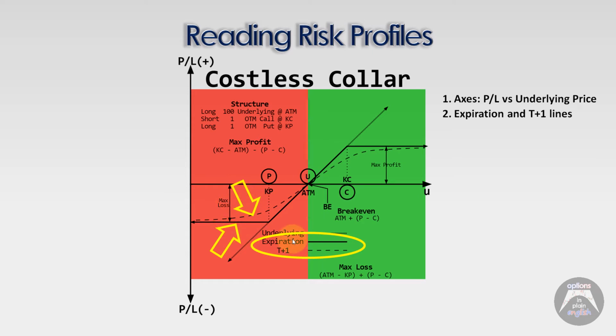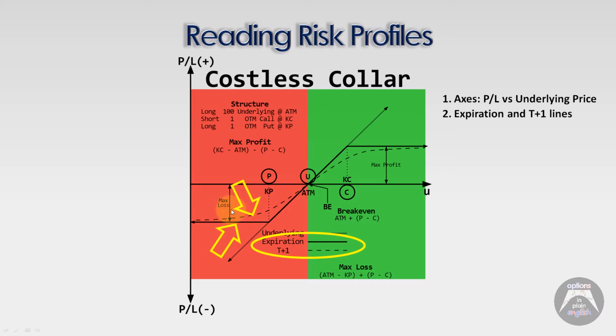In this case, what I'm plotting here is two lines: one for expiration, the solid line, and then another one for what I call T+1. This is a representation of any time after you put it on. So this is prior to expiration, so that you can get a good idea of how the profit and loss line starts changing shape as time passes.